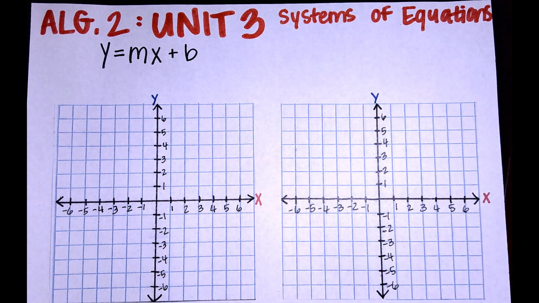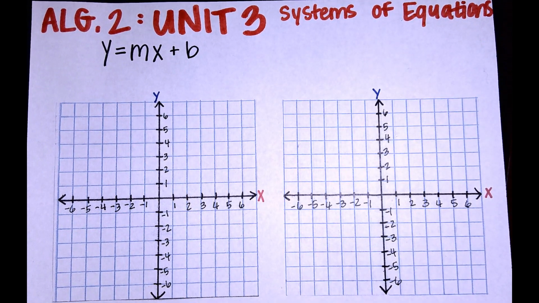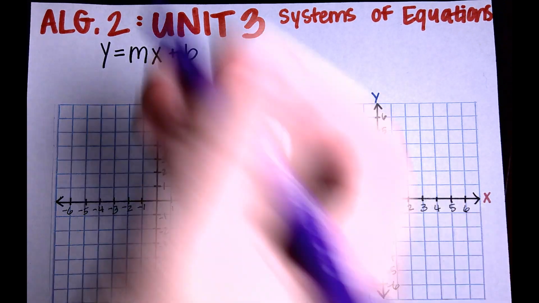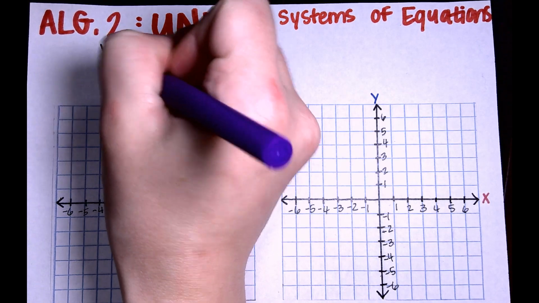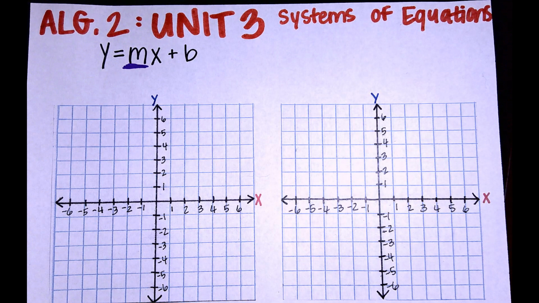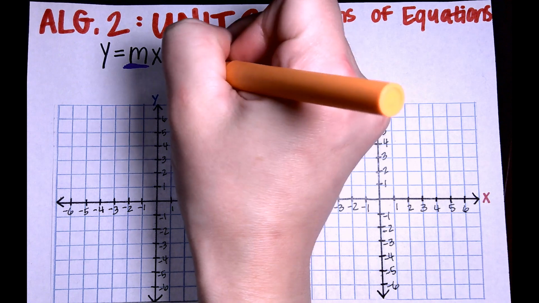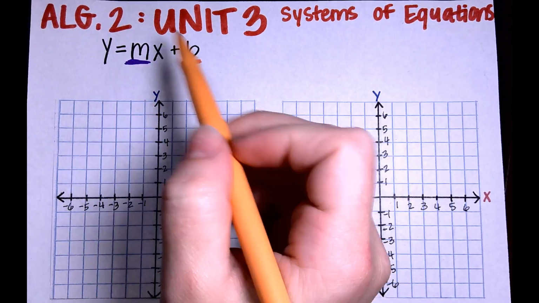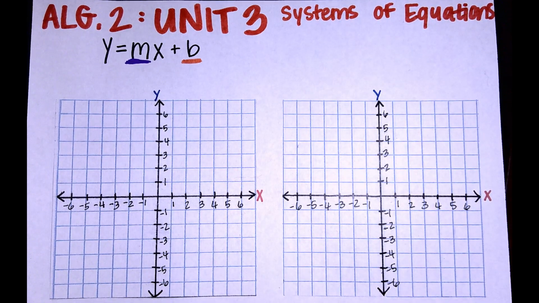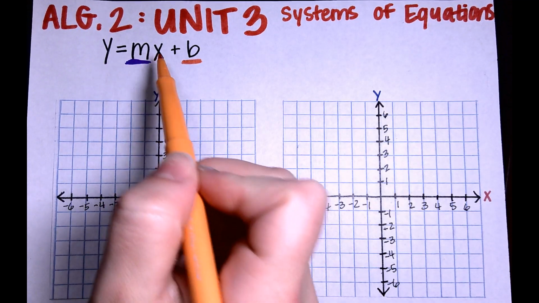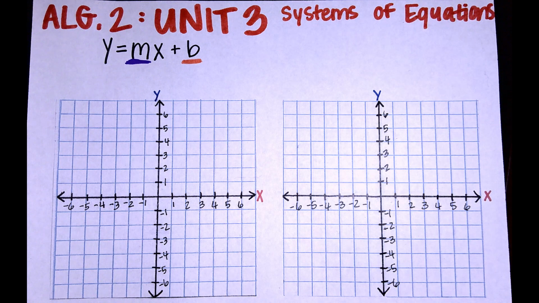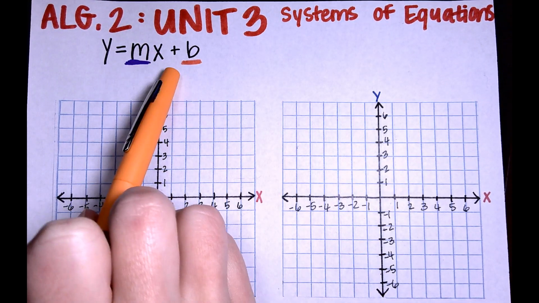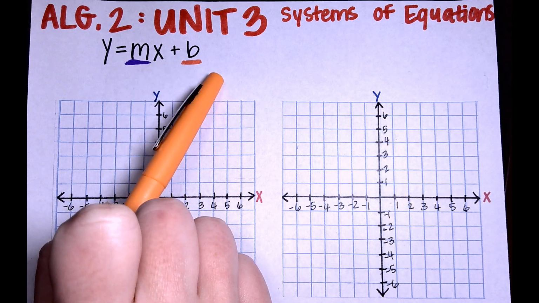Now, in this form, we have two things that we need to be able to recognize. The first thing is that we have an M here and that we have a B here, and then we have a Y and an X. My Y and my X, I'm not ever going to change. There will never be a number there. It'll always be Y equals a number, X, plus a number.